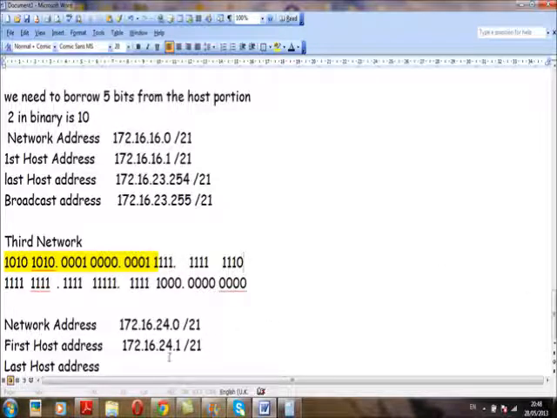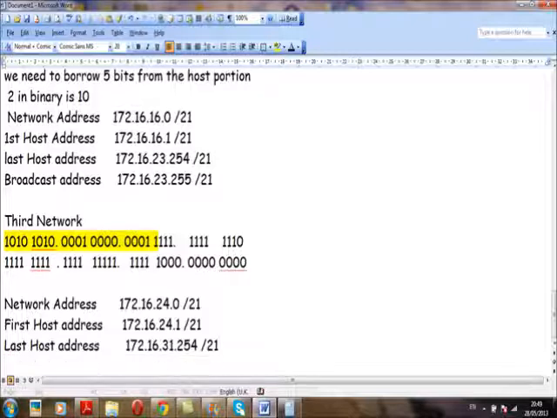So we've got 172, and again we get a weird number. So 172.16.31.254/21. You agree? Okay. And then we've got the broadcast address.